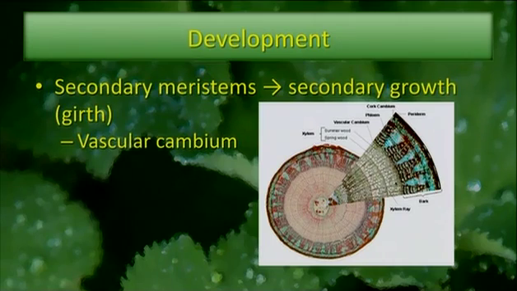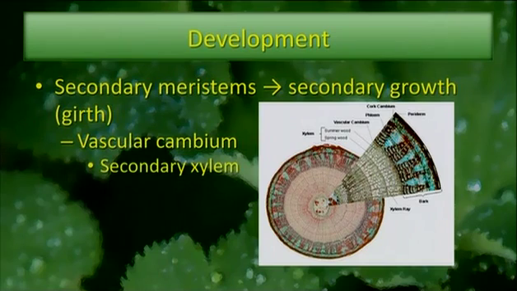That's because of the vascular cambium and the cork cambium. Now at the center of this section is parenchyma cells known as the pith, P-I-T-H. So that's the anatomy of a woody dicot.